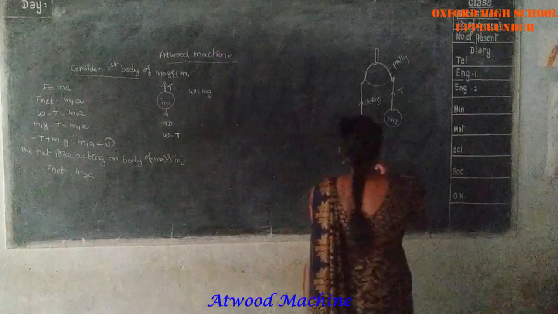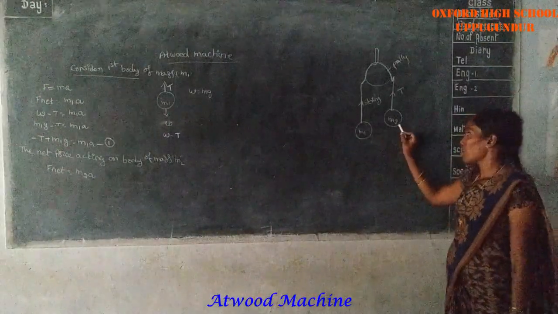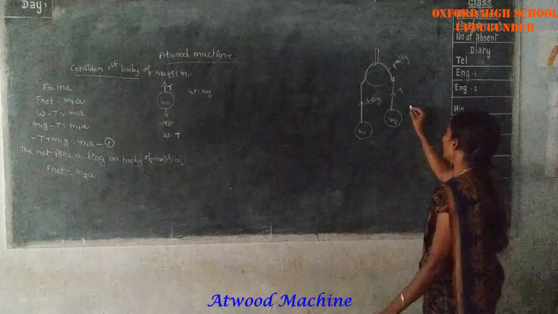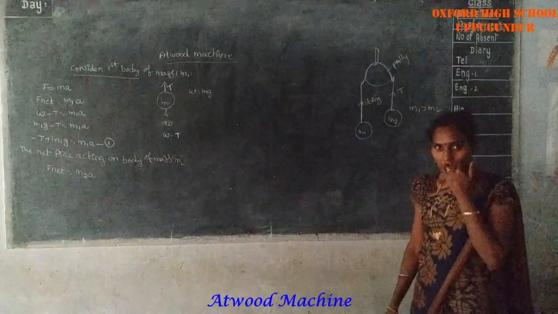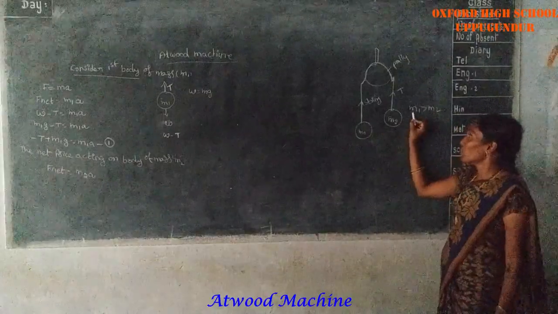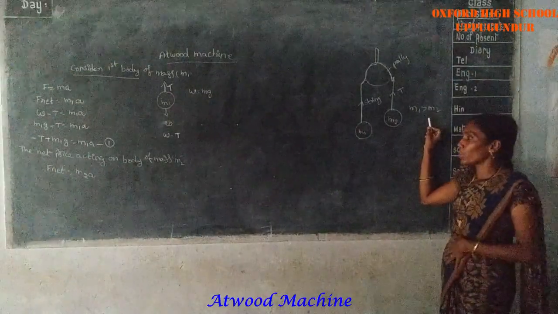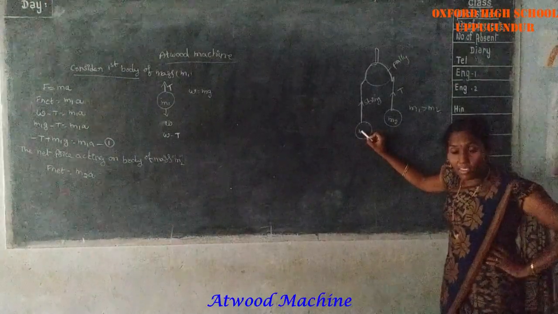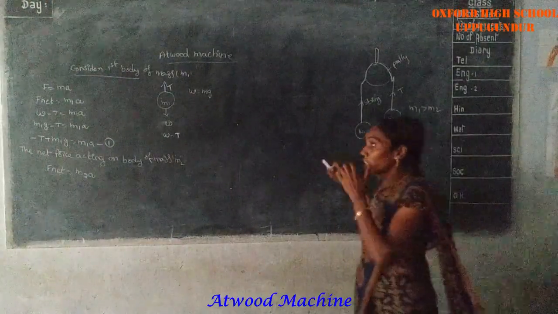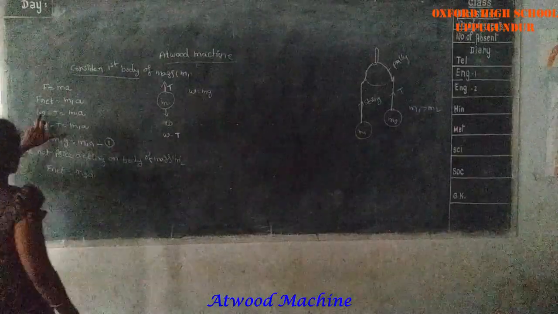Here the mass of the first body is greater when compared to the mass of the second body. That's why M1 is greater than M2. The mass of the first body is greater than the mass of the second body. See the first one, if the mass is increased, the tension is less. That's why here it is W minus T.